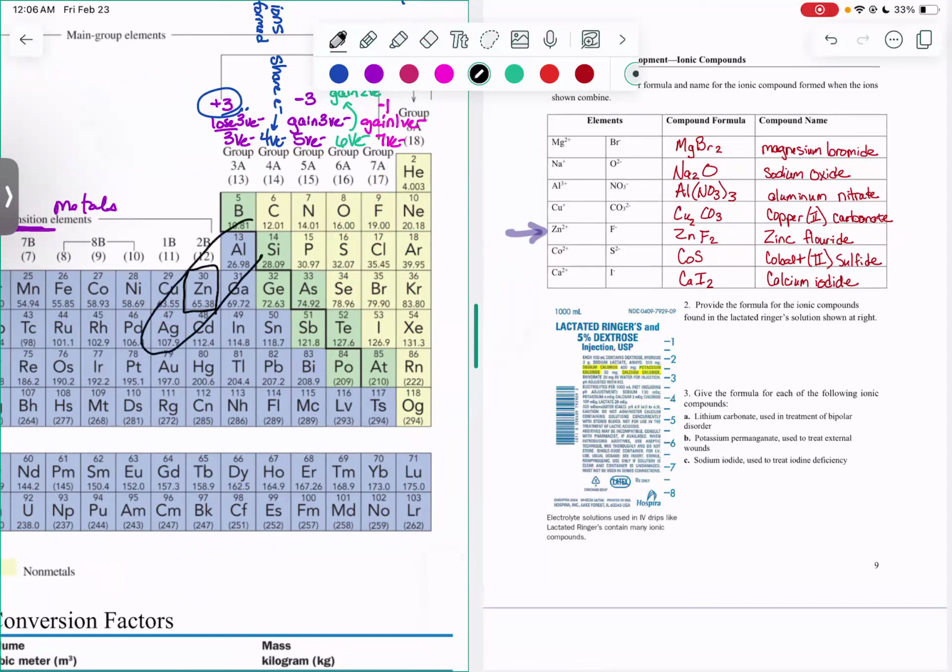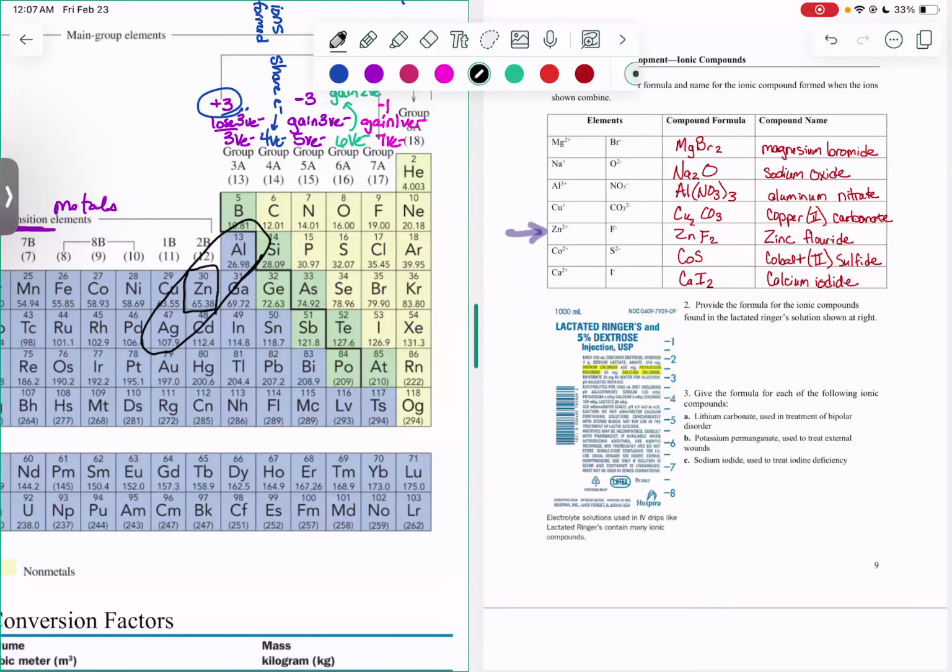There are 2 exceptions to this rule. They are zinc and silver. So the way that I remember this, zinc and silver have set charges. Even though they are transition metals, these are 2 transition metals whose charges never change.